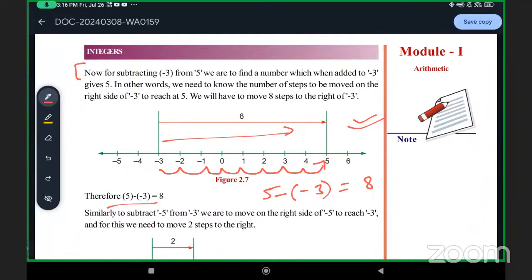We are starting with -3 and we have to take it to 5. So we started from here -3 and we went to 5. Now how many steps did we take? We took 8 steps. So 8 is that number which, when added to -3, gives 5.